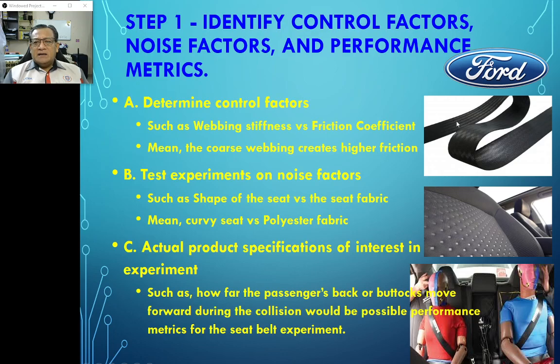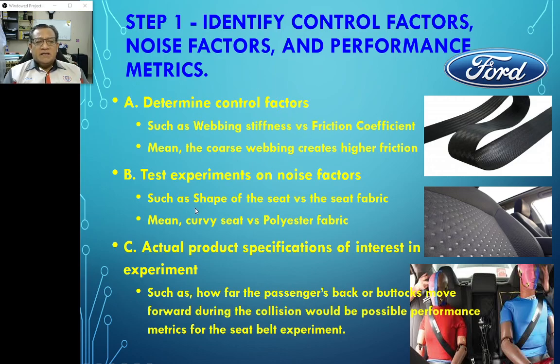So if the webbing pattern structure is coarse, so it's a hard kind of webbing structure, it will give a higher friction coefficient because the surface is rough. So when it comes in contact with the clothing of the passengers, there is a higher holding factor. It means that the coarser the webbing, the higher the friction ratio between the belts and the passenger. Okay, that is the control factors.